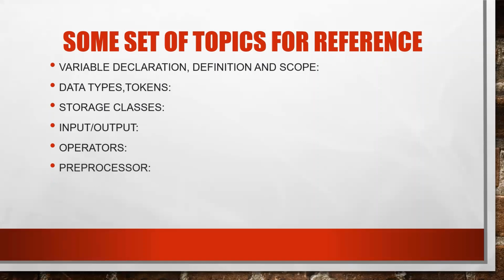The preprocessor directives are various types of directives which will be helpful to include the standard input and output. For example, we will use #include stdio.h. It is nothing but including the standard input and outputs.